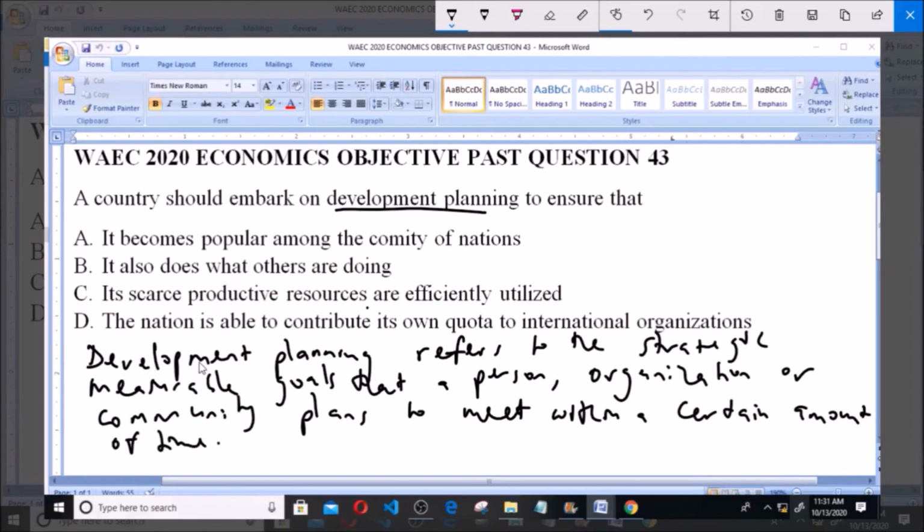Now, which among the options can be seen as a reason why a country should embark on this development planning?